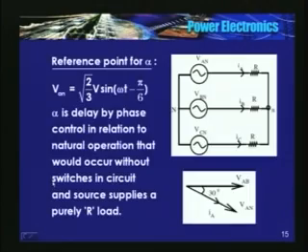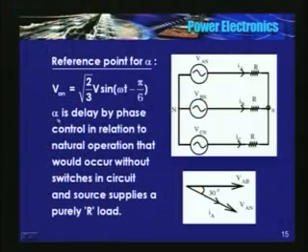Now let's see. What is the reference point for alpha, or where do I start measuring alpha from? What did you do in three-phase AC to DC rectification? We took the point of natural commutation as the reference point. Okay. Now here the reference point is taken as, see here it is mentioned, alpha is the delay by phase control in relation to the natural operation that would occur without switches in circuit and source supplying a purely resistive load.